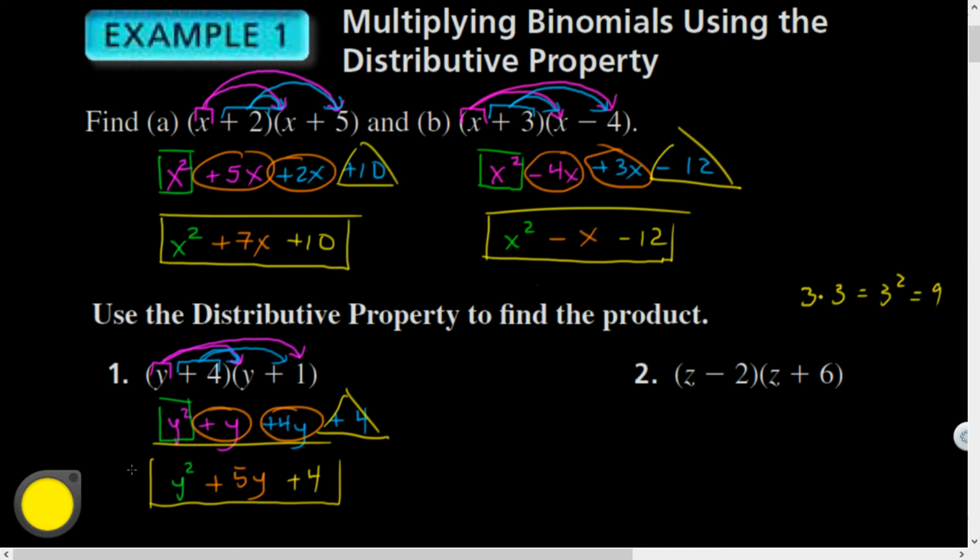Right. Let's try with these z's. All right. So I'll multiply the first z through here. So z times z, what do you guys think that's going to be? Z squared. And z times 6, I have to make sure I have a plus sign there with it. And okay, this one's interesting.